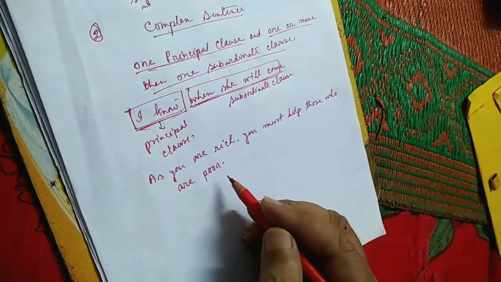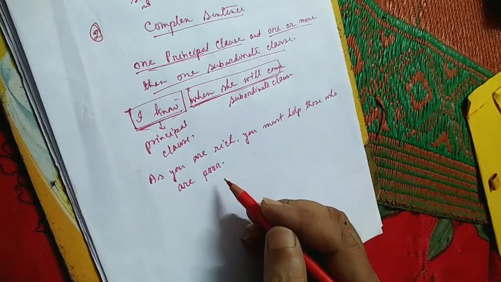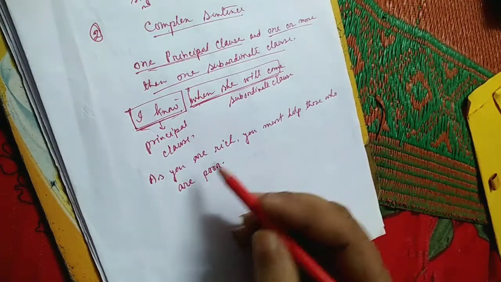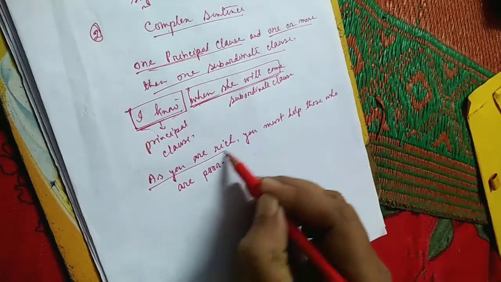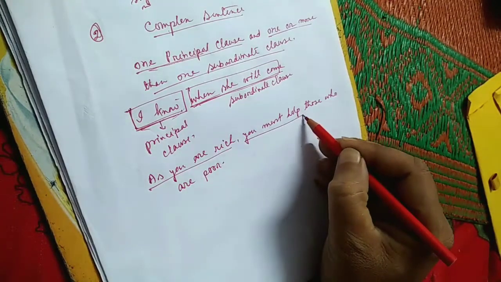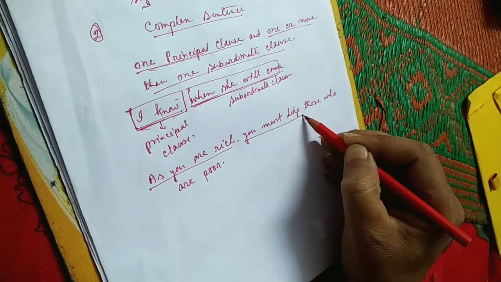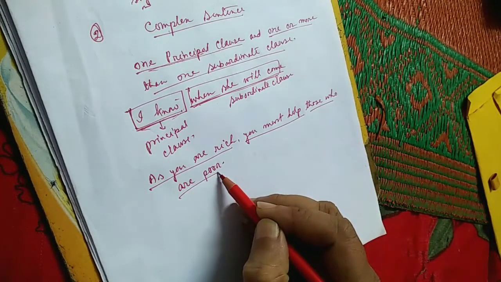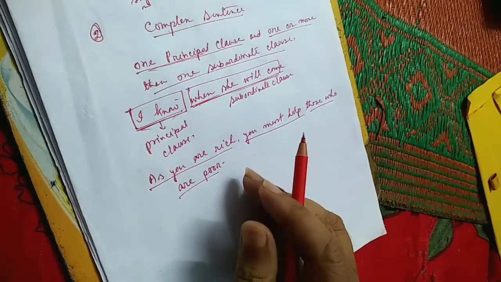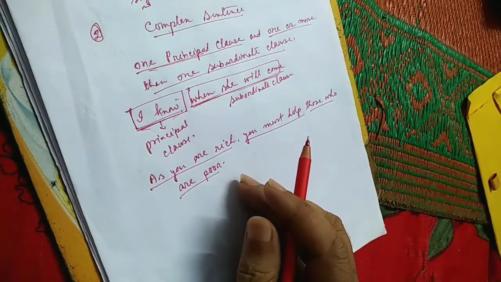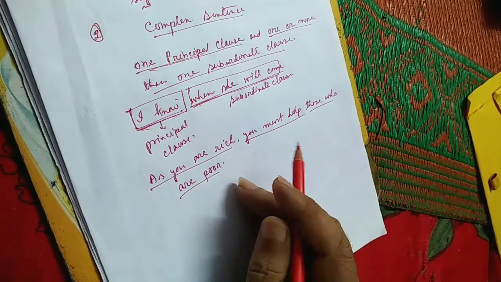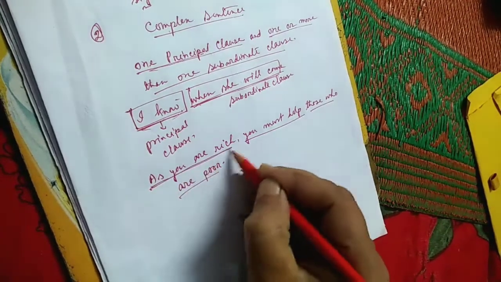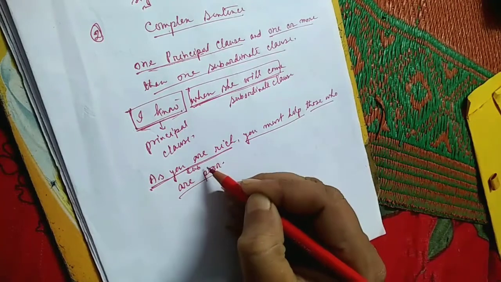So you can see here three clauses. First, as you are rich, it is a subordinate clause.